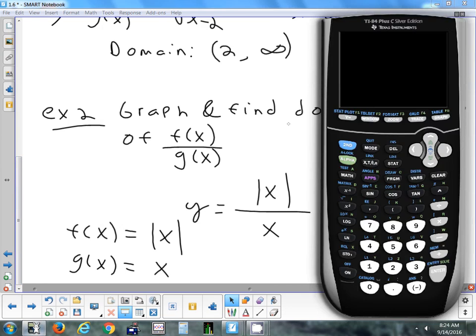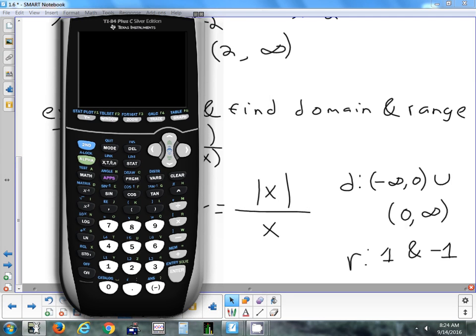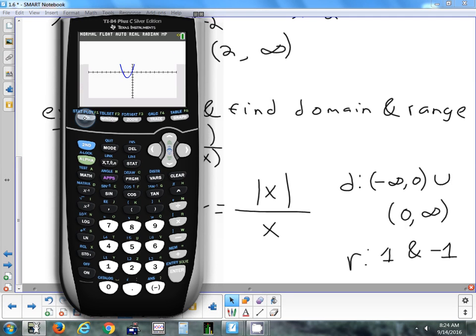Let's see how that looks. We've got the absolute value of x divided by x. So you either get negative 1 if you plug in a negative value for x, or positive 1 if you plug in a positive value.